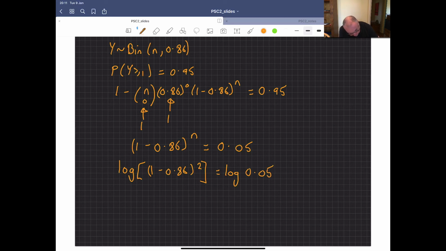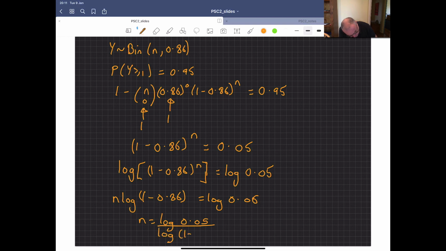Sorry, that's an n there, not a 2. So this we can rewrite as n log of 1 minus 0.86 equals the log of 0.05. So n equals the log of 0.05 divided by the log of 1 minus 0.86.